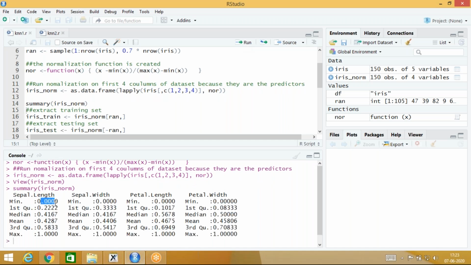You will see that the minimum is 0, the maximum is 1, and more or less their means are also the same: 0.42, 0.44, 0.46, 0.45. So more or less they are balanced now. They are not imbalanced anymore. So no specific outliers, no imbalance issues are there.